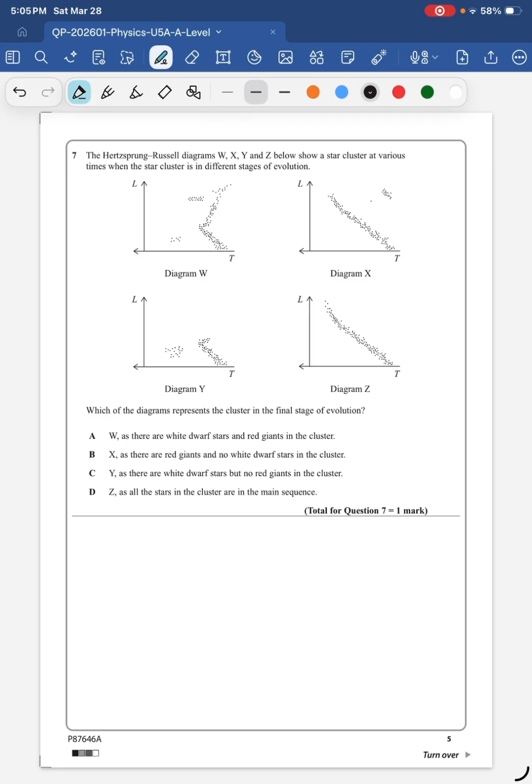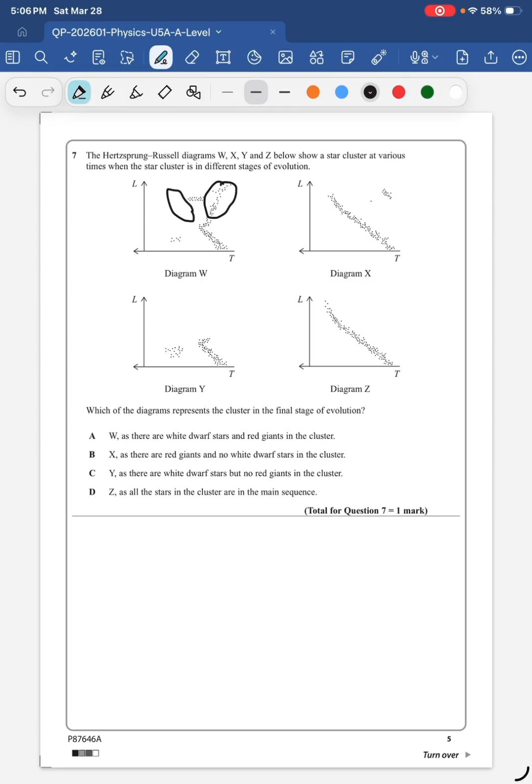So let's examine them one by one. This one doesn't have a lot of main sequence stars, but it has many stars that are red giants, and therefore it's not in the final stages, because in the final stages you wouldn't even have red giants because they will eventually become dwarfs or black holes.